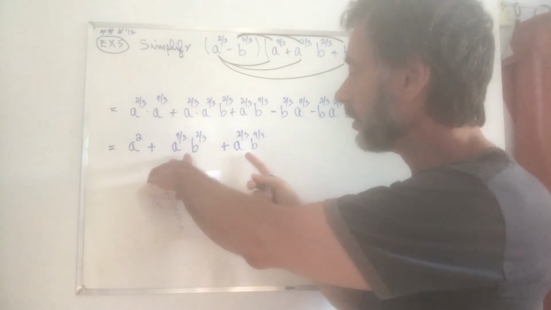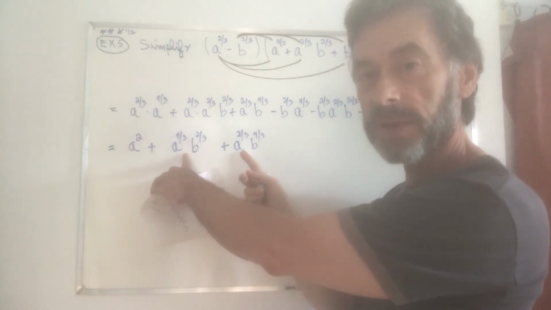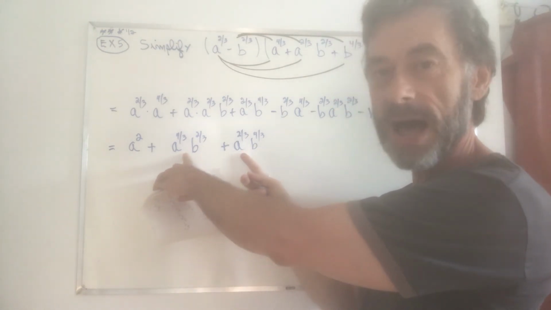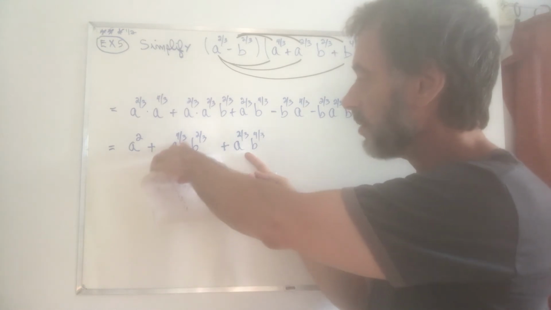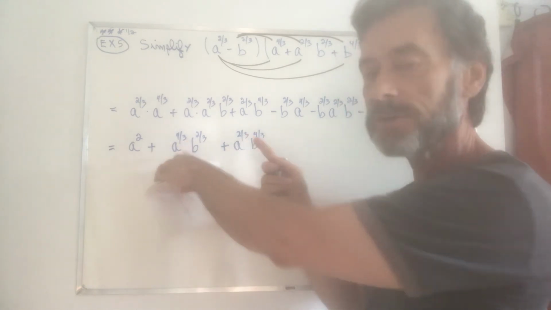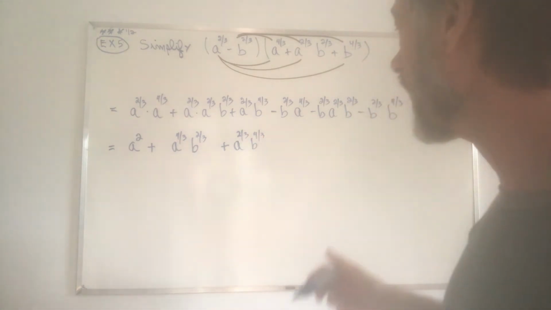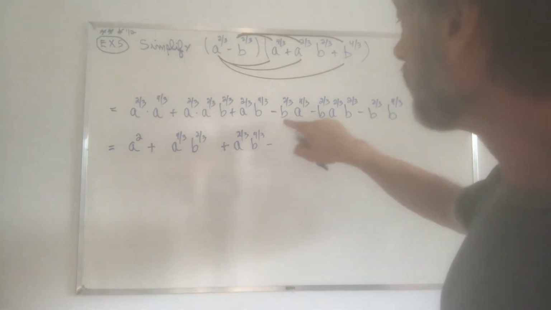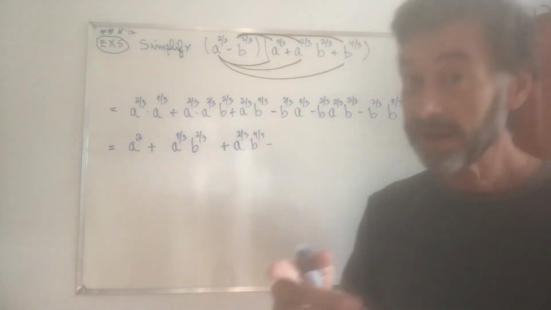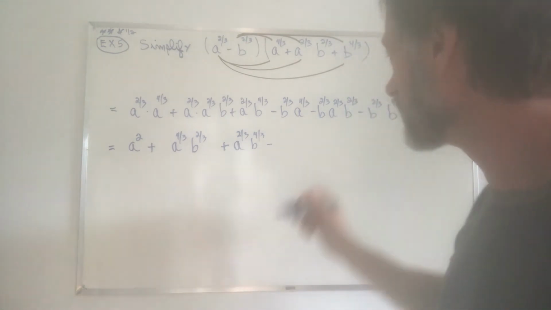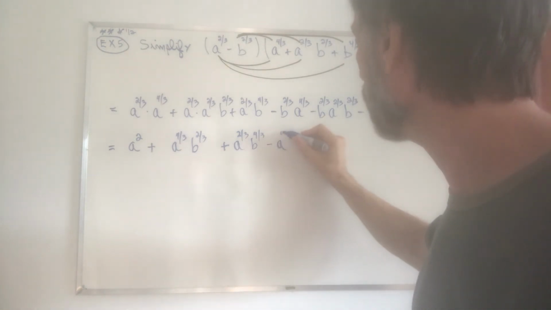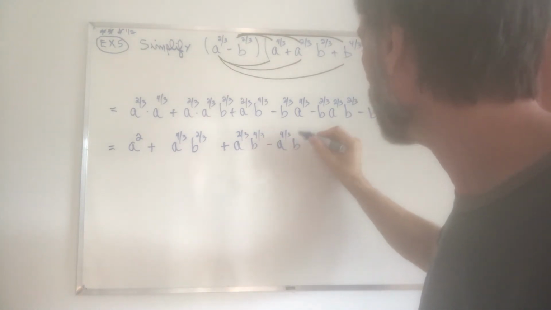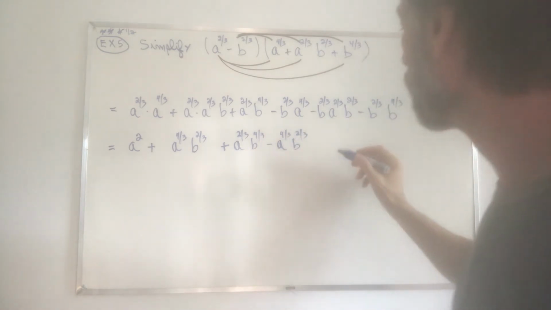Are these two like terms? Will I be able to add them together? Nah. They have both the a and the b, but look at the power. The a has 4/3, the a has 2/3. They're not like terms, I can't add them. Minus, let me put the a in front of the b, because 7 times 2 is equal to 2 times 7. So a to the 4/3, b to the 2/3.